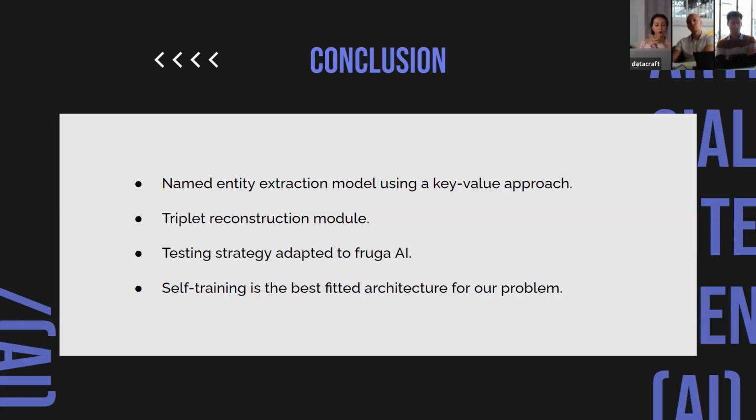And then we proposed a testing strategy for our named entity recognition models that is adapted to Frugal AI, where we had a test set that contains words that were already seen during the training phase, and one test set that contains only new words, in order to be able to measure the ability of our model to detect new words. And doing so, we have concluded that self-training is the best fitted architecture for our problem here.